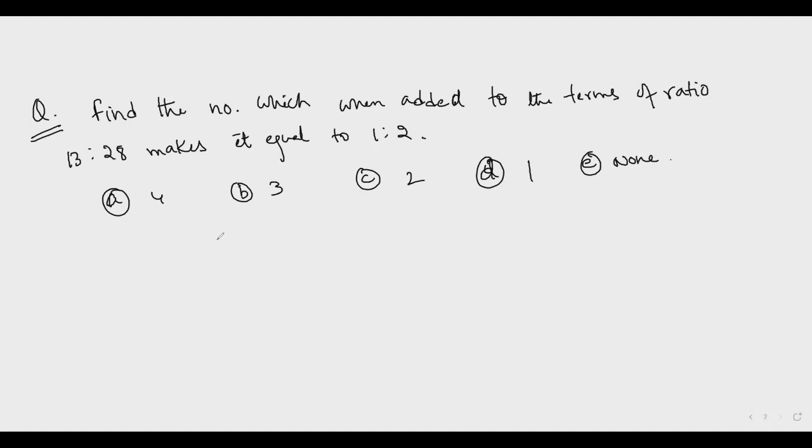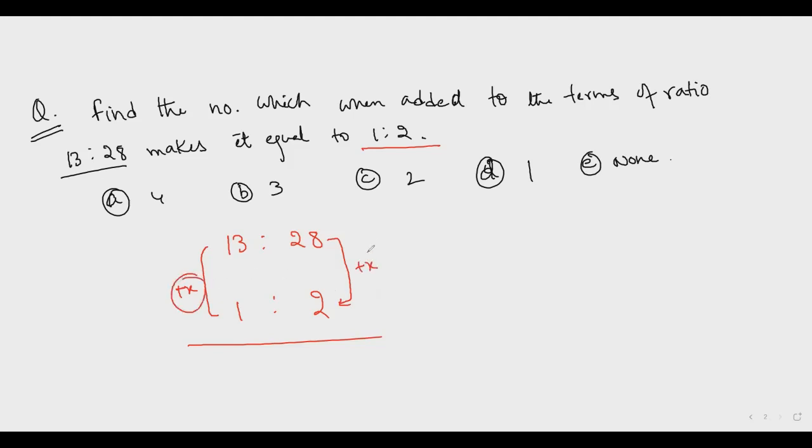What is the first ratio? 13:28. This is the initial ratio. What is the final ratio? 1:2. So then I have to add some x.